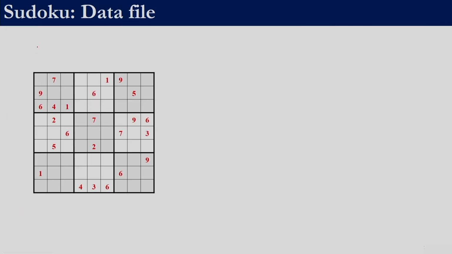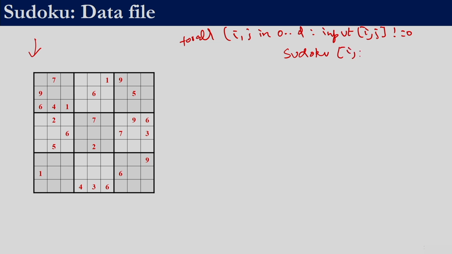So, if we look at this particular pseudocode, let us say, there we said for all I comma j in 0 to d, right, such that input of I comma j is not equal to 0. So, we are writing the constraint only for those I comma j, and pseudocode of I comma j is equal to input of I comma j, right.